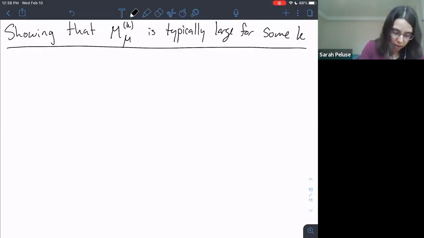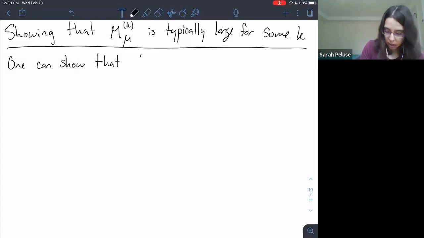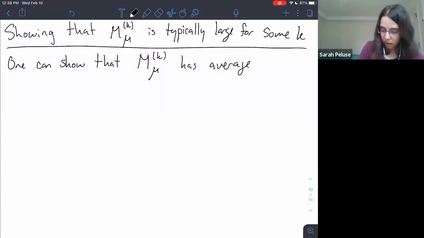It turns out that this statistic for fixed k has average size about 1 over log p times the expected largest part size.